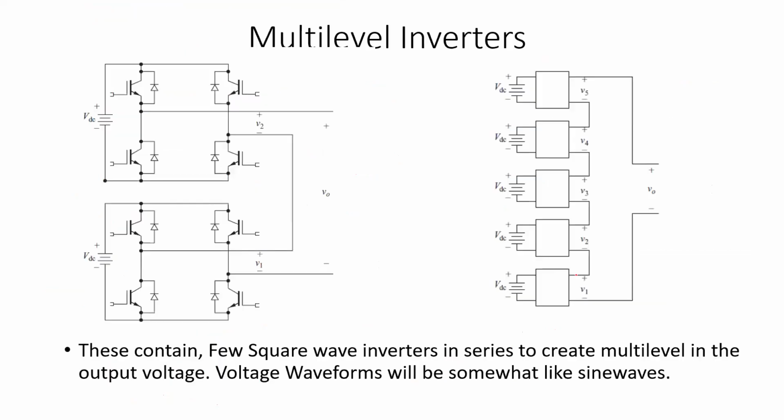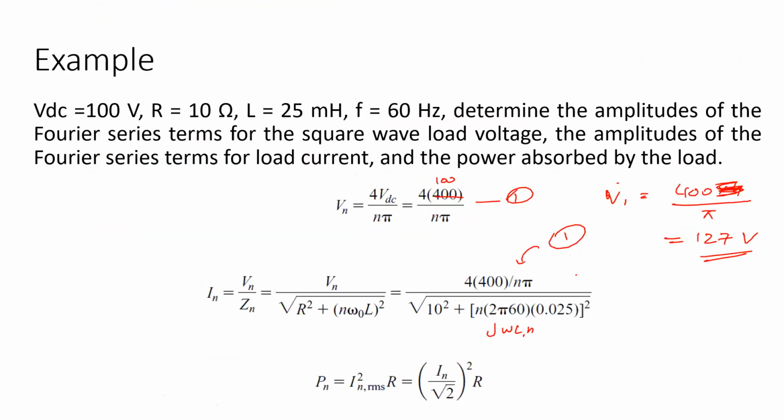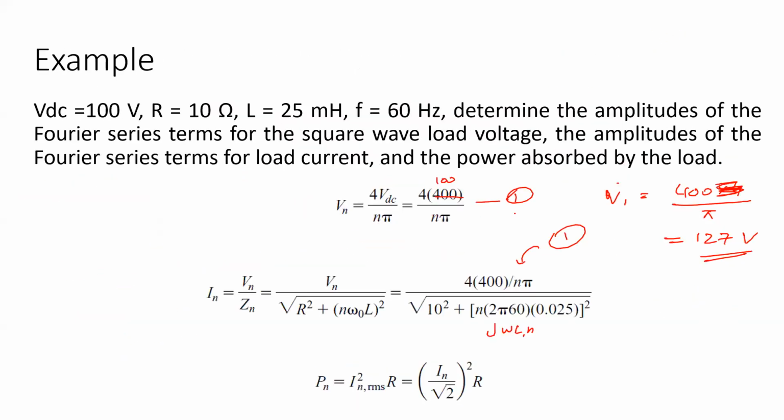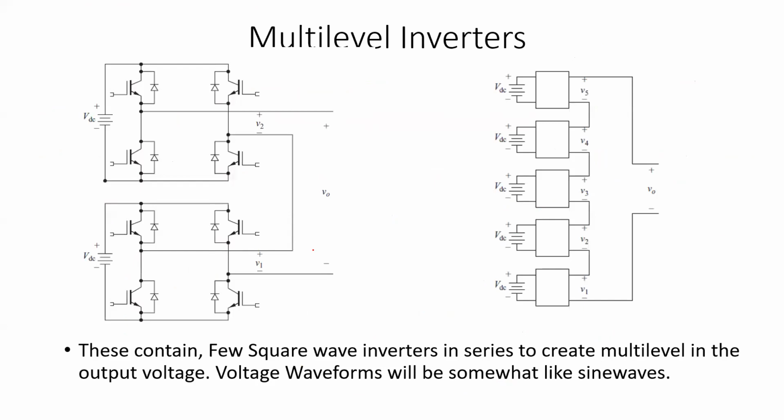Now we are coming to one of the most important sections of inverters, called multi-level inverters. We have one square pulse inverter here, which will create something like this. When it comes to multi-level inverters, we put them in series.